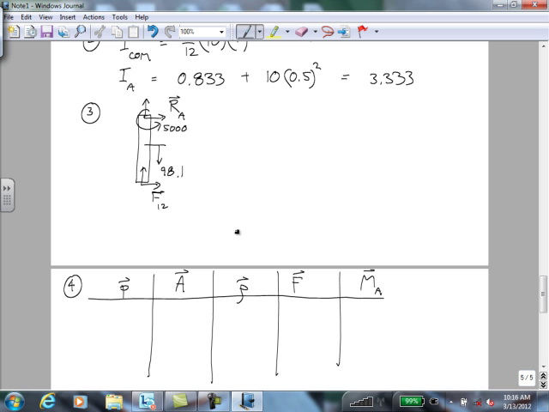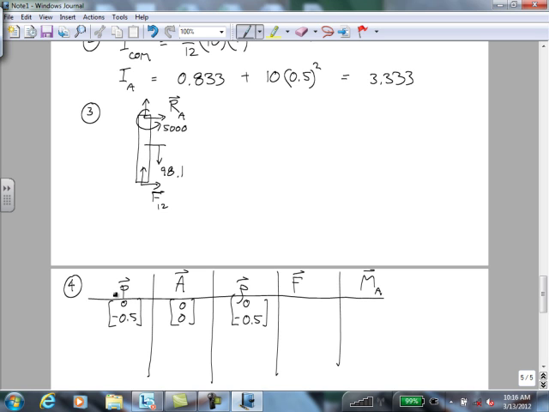So the weight force, what are the coordinates of where that weight force is acting? Yep, 0, negative 0.5. The about point, what are the coordinates of the about point? Yep. Subtract those, and your row vector is 0, negative 0.5.